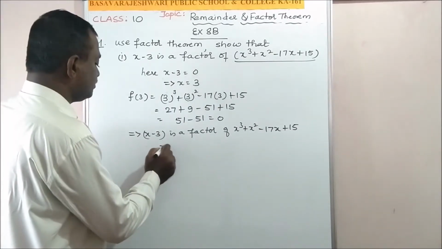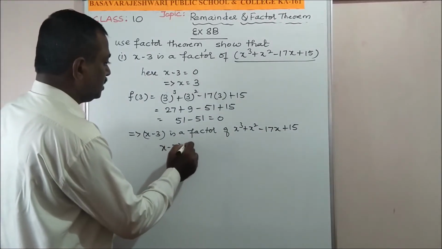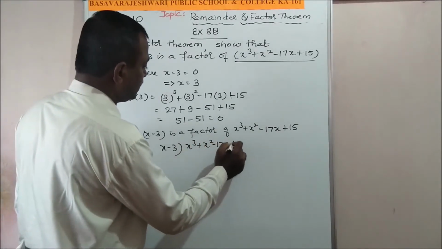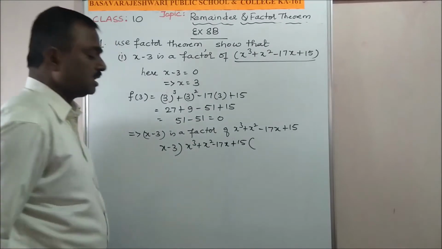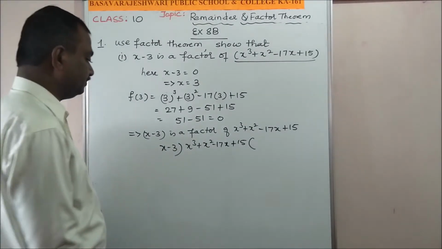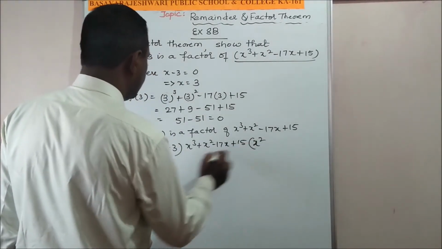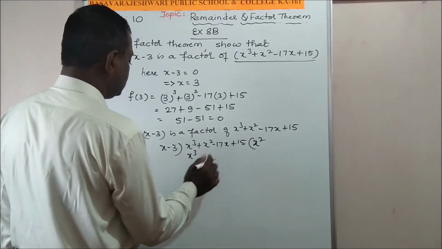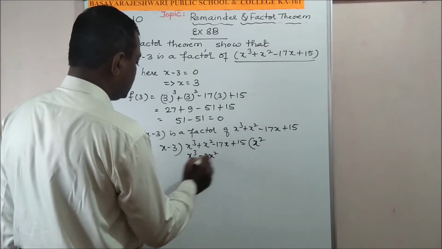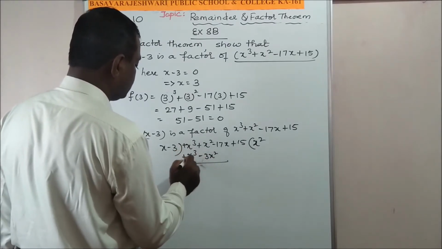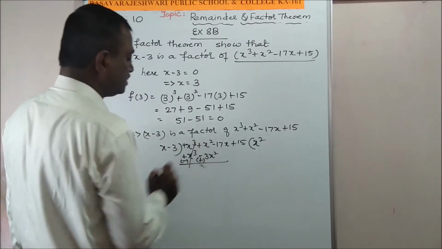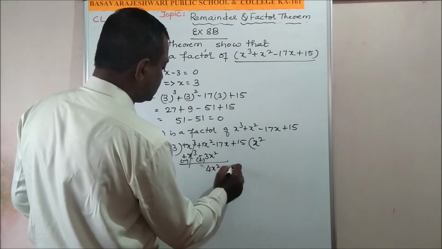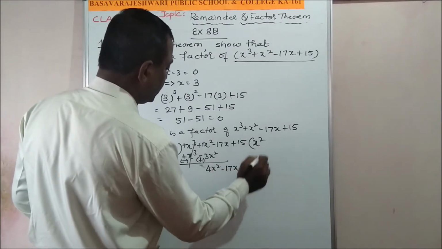Now dividing x cubed plus x squared minus 17x plus 15 by x minus 3, we should get the remainder 0. x cubed minus 3x squared; signs change, so it becomes 4x squared minus 17x plus 15.